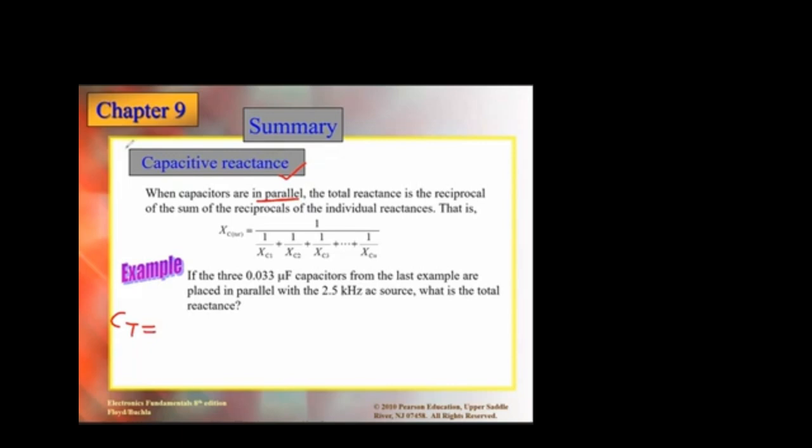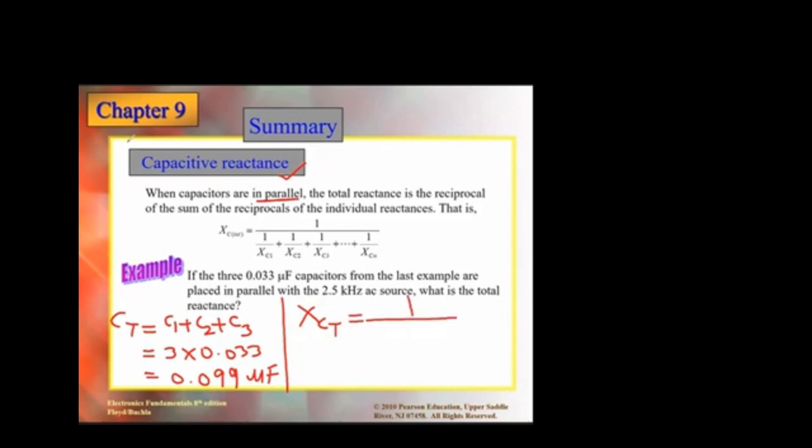They are in parallel. So when capacitors are in parallel, the formula of the total capacitance, remember guys? Yes. So can I calculate this way? Yes. Correct. Now after that, XCT is equal to 1 over 2 pi f CT.